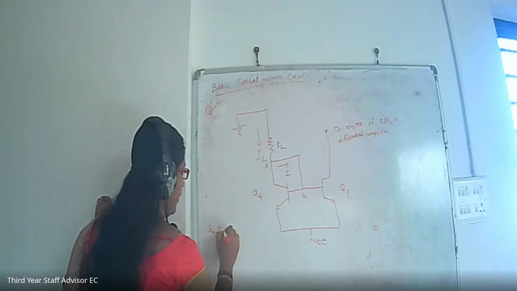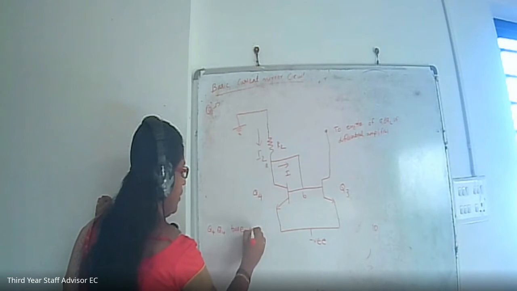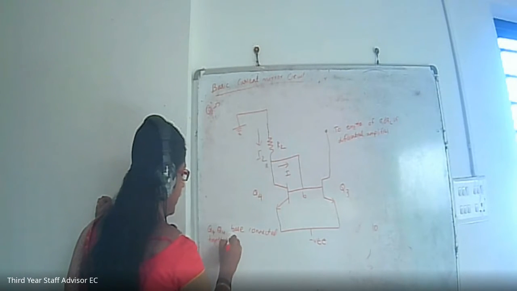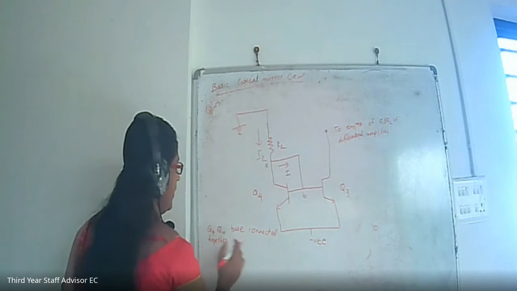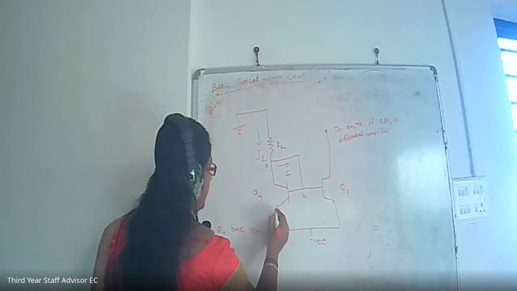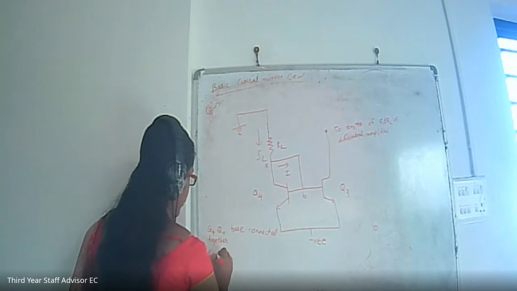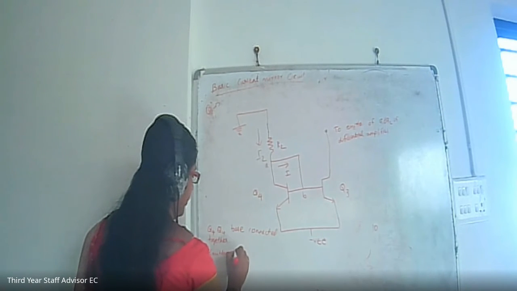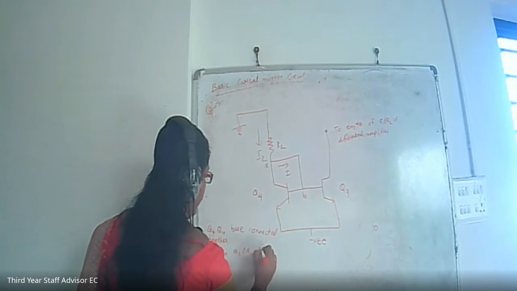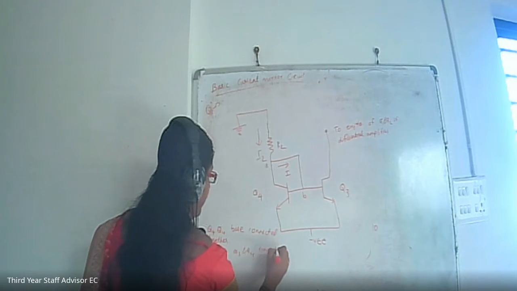Q3 and Q4 bases are connected together, so the base voltage will be the same. Also here you can see that the emitters of Q3 and Q4 are connected together. You should note these points.